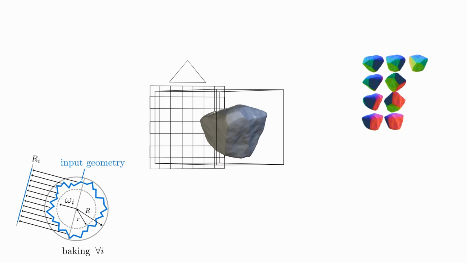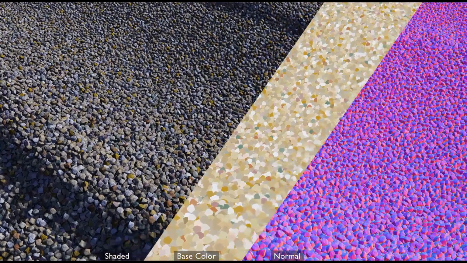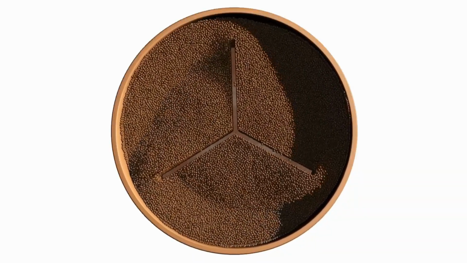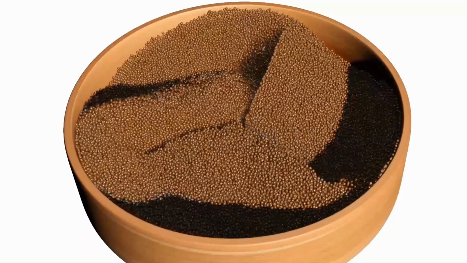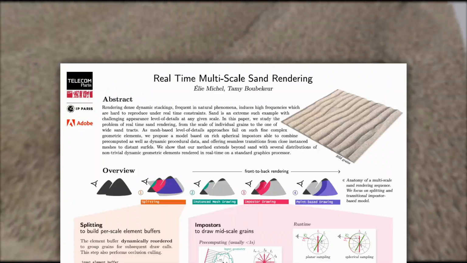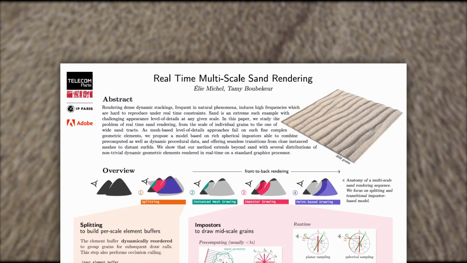It is built around impostors storing pre-computed views of the grains as a little G-buffer which are then used for deferred rendering. Our approach actually extends to other granular materials, and the impostor-based model is independent on the complexity of grains. If you want to know more about it, come and see our poster on real-time multi-scale sand rendering.